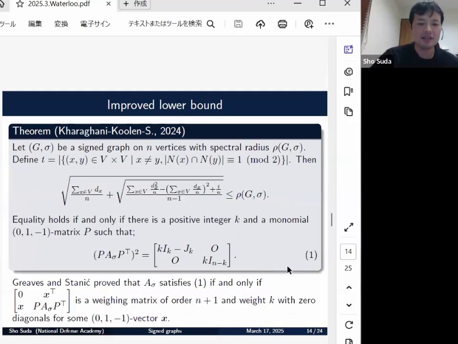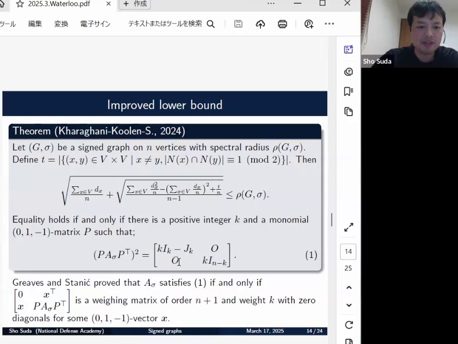We can also characterize when equality holds. Equality holds in our inequality if and only if there is a positive integer k and some monomial matrix P such that the square of P times A sigma times P transpose has a nice 2 by 2 block form. The first block is k times (I_k minus J_k), where I_k is the identity matrix of order k and J_k is the all-ones matrix of order k.